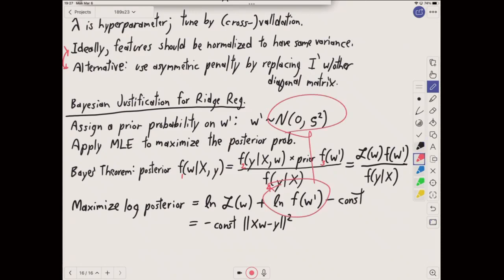Well, that's just a very simple isotropic normal distribution with mean 0. So that is going to be minus a constant times the square of w, and then there are a bunch more constants that we just agglomerate together at the end there.